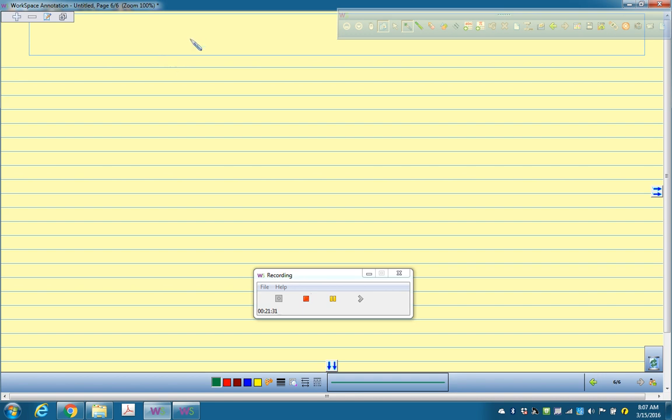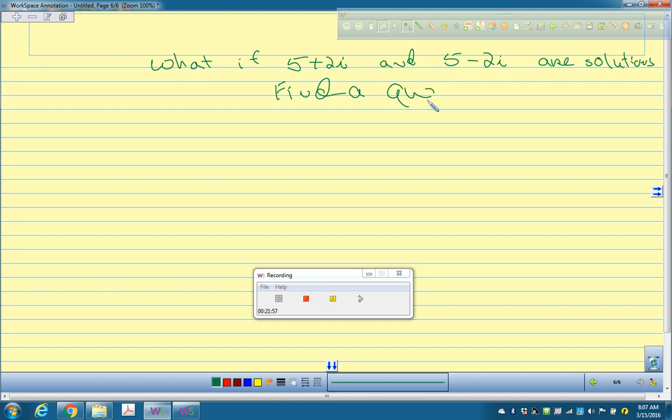Okay. What if, okay, so here's where it gets tricky. What if 5 plus 2i, last one, and 5 minus 2i are solutions? Find a quadratic equation with those as solutions.